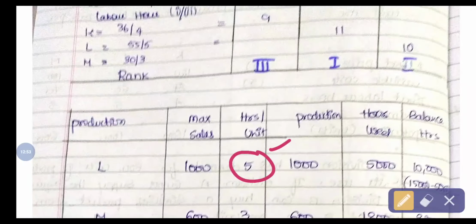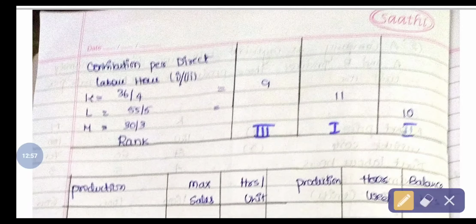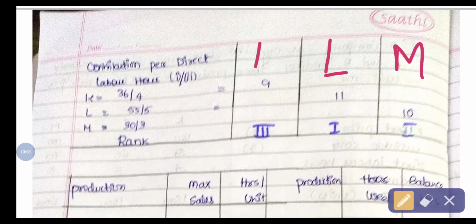If we see the rankings, we have given first preference to L, next preference we should give to M, and next preference we should give to K. But if we see the price that is charged for L, division A is telling that division A's way of doing the manufacturing is by comparing the hours per hours.